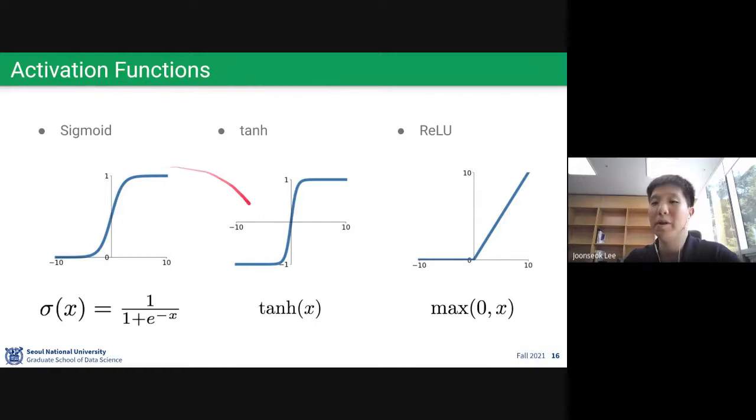Sigmoid doesn't, right? So tanh is another widely used activation function. And ReLU, rectified linear units: positive values are just output as is, and negative values are just cut down to 0. I will not go into the details of these activation functions today, but we are going to learn more about these in lecture 6 next week.